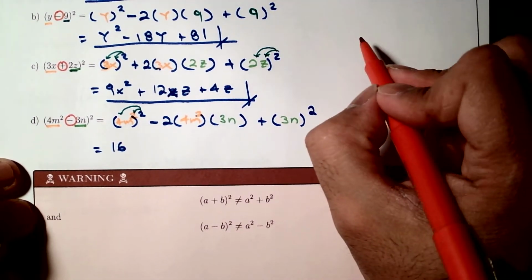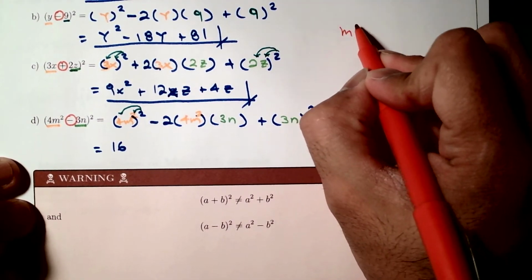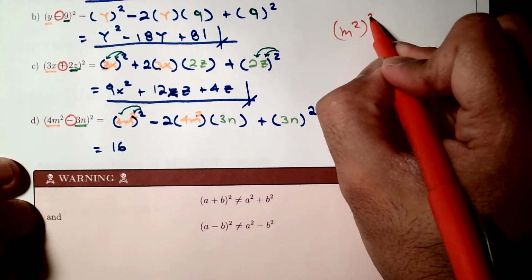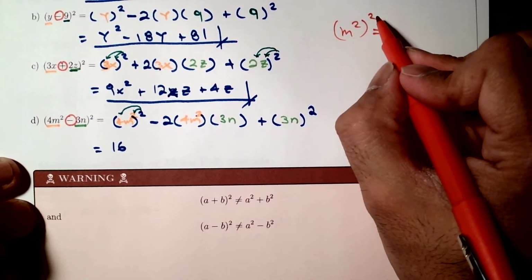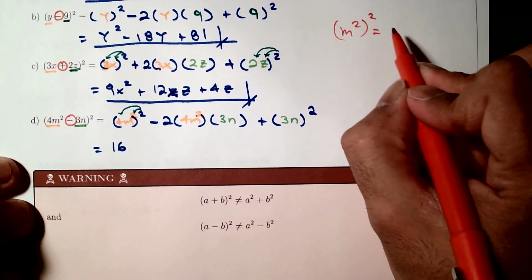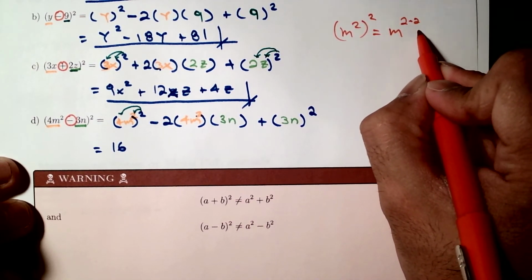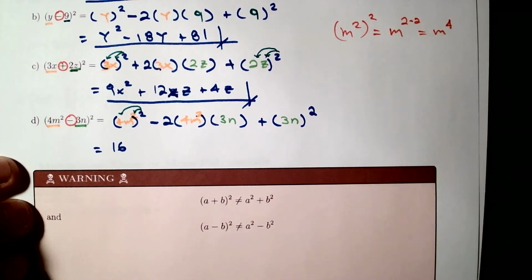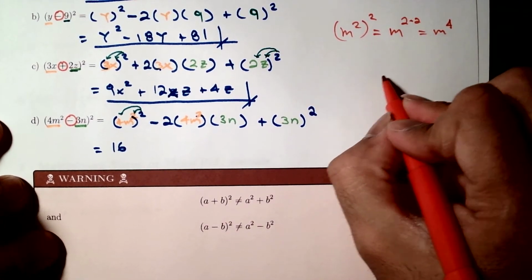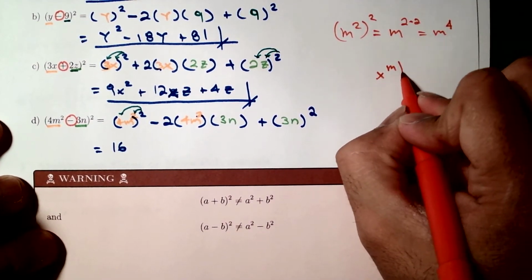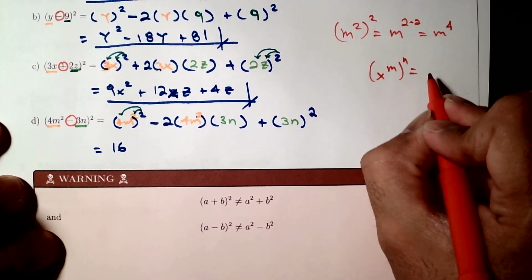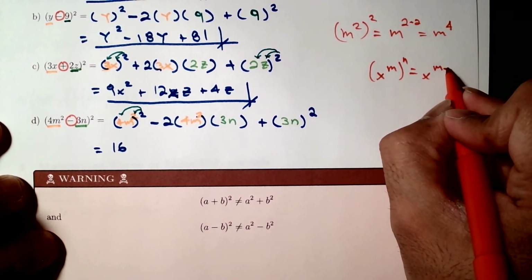Let me do this one on the side. So m squared, quantity squared. Recall that when we have the power of another power, we multiply the powers. 2 times 2, that's m to the 4th. In other words, something like x to the m raised to the n equals x to the m times n.